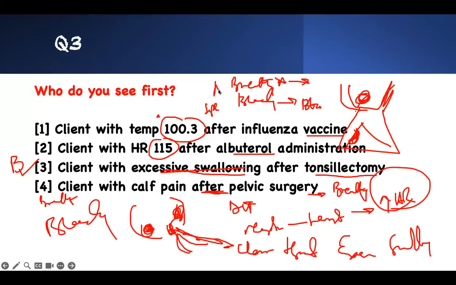So airway and breathing always take precedence. So I have a bleeding issue, I have a DVT, and those two are problems. But the most serious one is our patient with the DVT, which will turn into a pulmonary embolism. And so I'm going to see this one first, number 4.